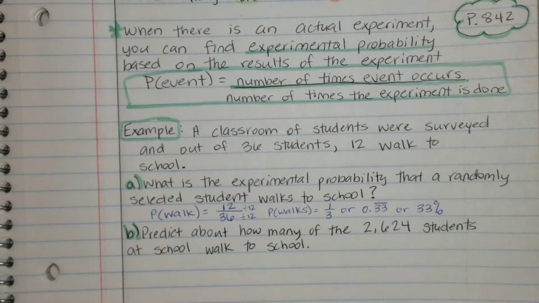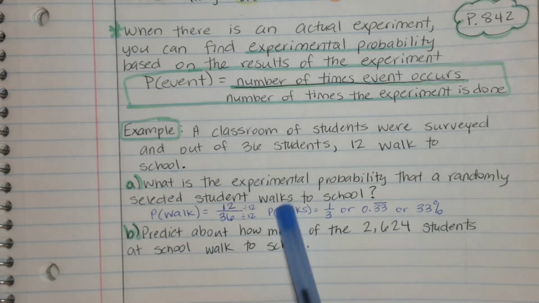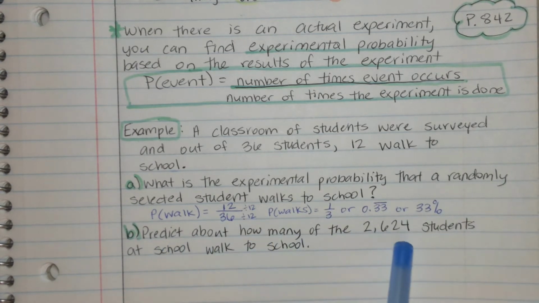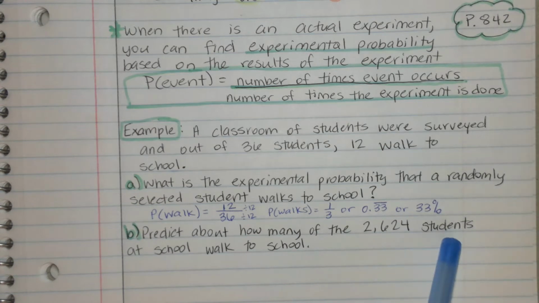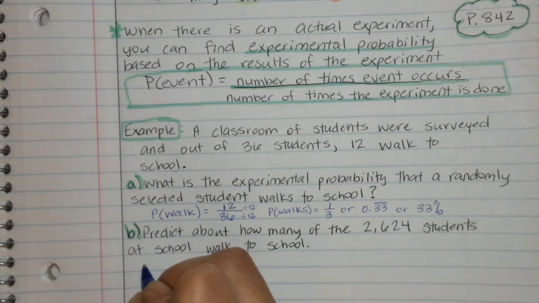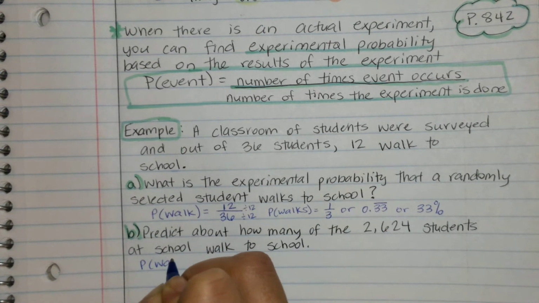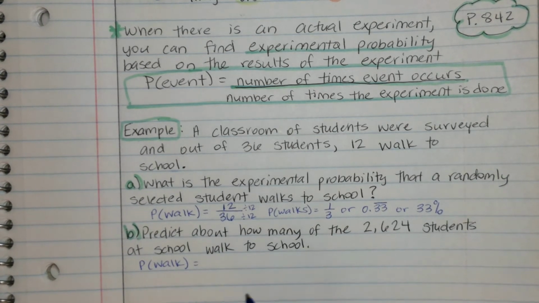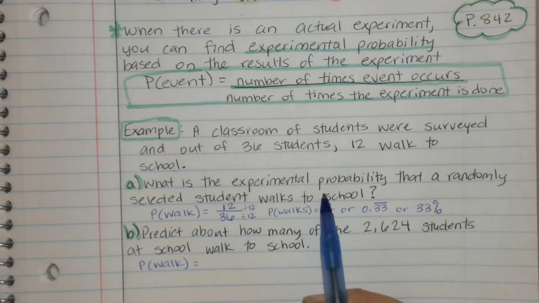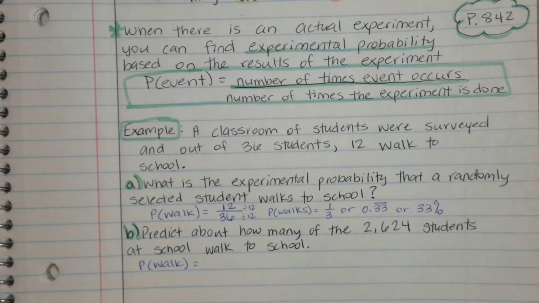Okay. So what we're going to do on the next part is, using this experimental probability, expand it to the whole school. Predict about how many of the 2,624 students at school walk to school. So for probability, we're still saying walk. We already have the percentage of the one classroom, and we're going to expand it based on that pattern to the whole school.